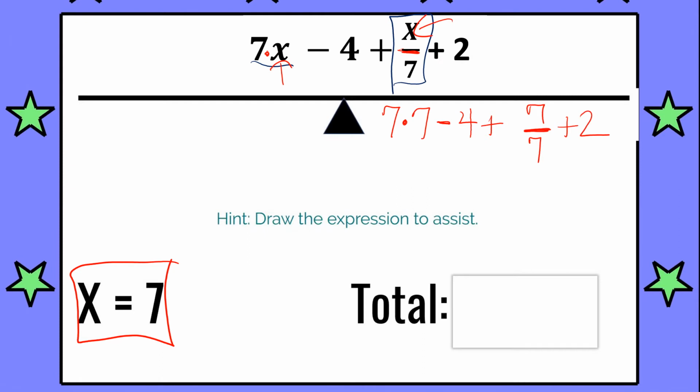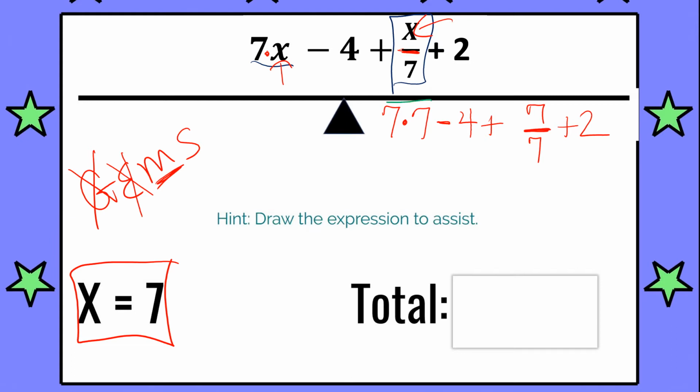Now I'm going to solve this numerical expression following the order of operations, which, remember, my favorite is to follow GEMS. G stands for grouping symbol. I don't have any. E stands for exponents. We're good there. M reminds me, do my multiplication and division first.